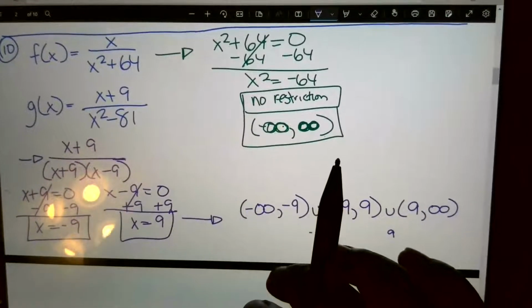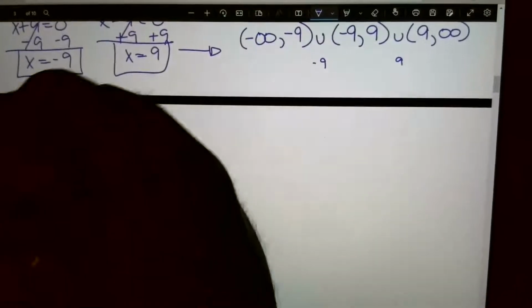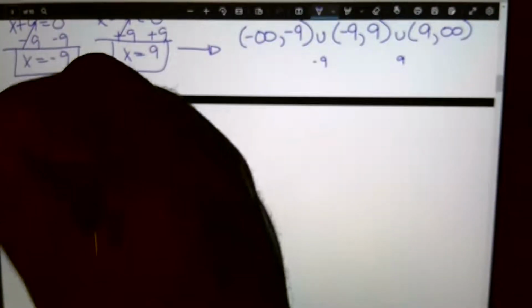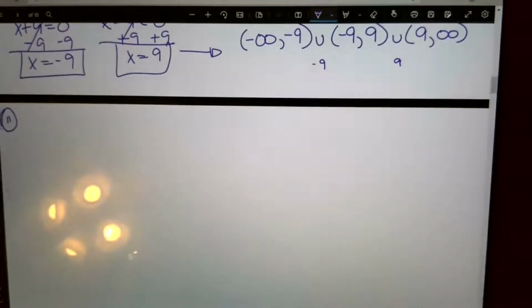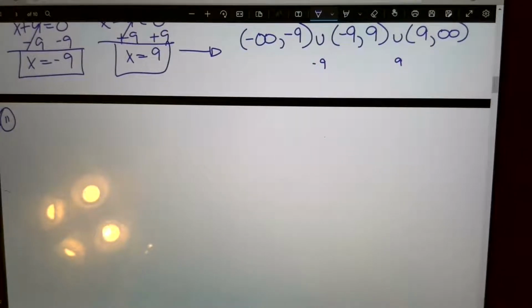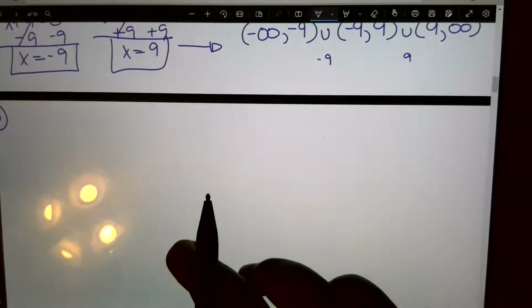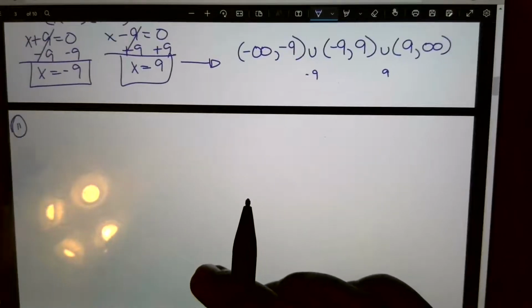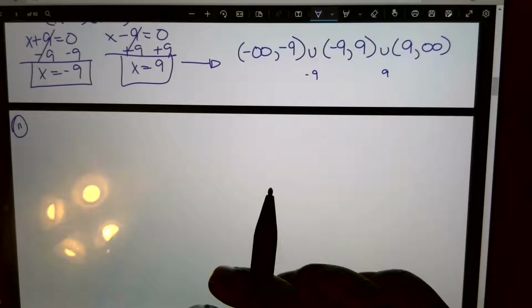I figure I've been going about 30 minutes now. I figure I'll go for another 15 to 30 minutes. It just kind of depends on demand. If this is helpful and people need help, then I can keep going. If it's not, then I can stop so you can enjoy your Labor Day.